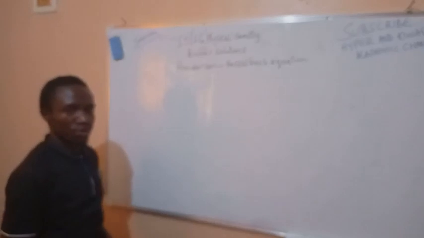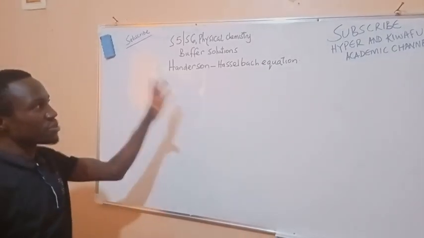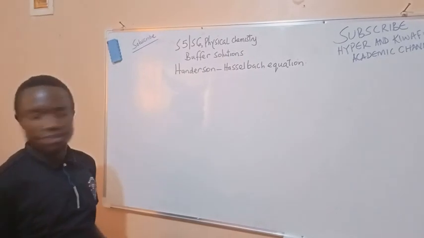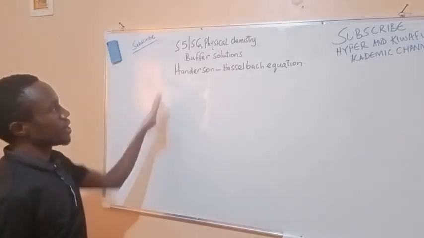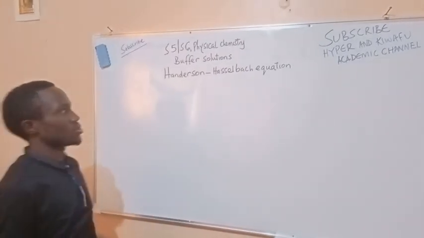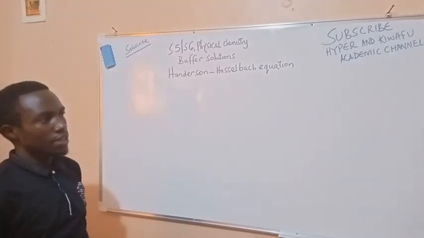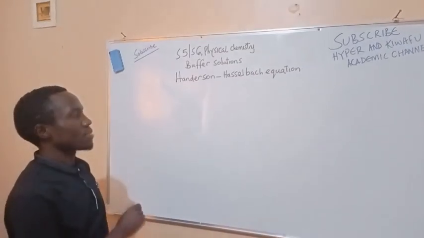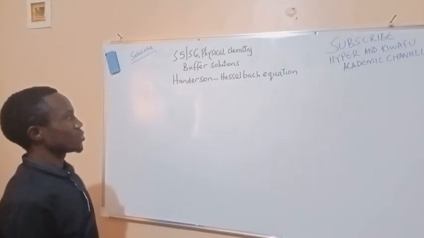Still under buffer solutions. I told you since this is ionic equilibria, it contributes a lot to physical chemistry. And today, still under buffer solutions, we are going to look at the Henderson-Hasselbalch equation, which is used to calculate the questions under buffer solutions.